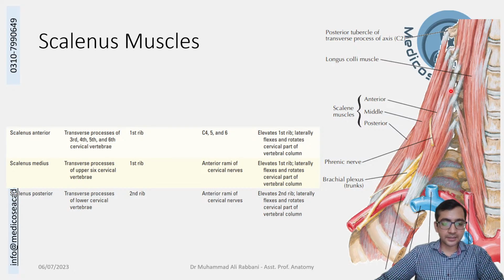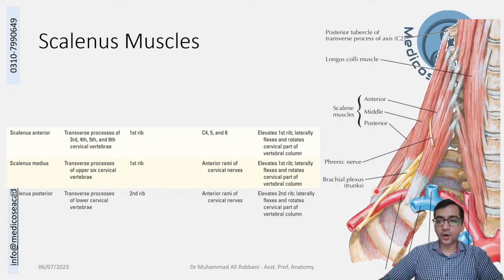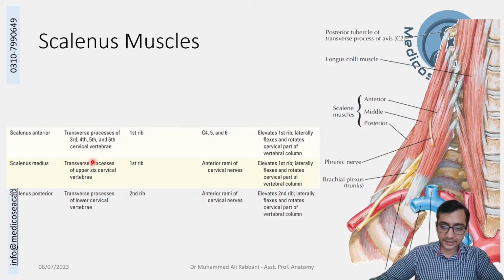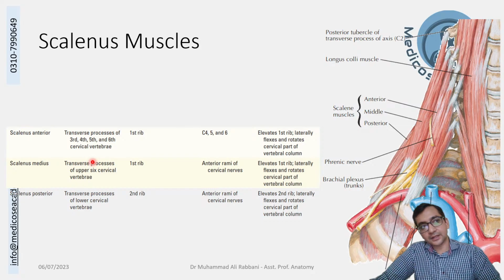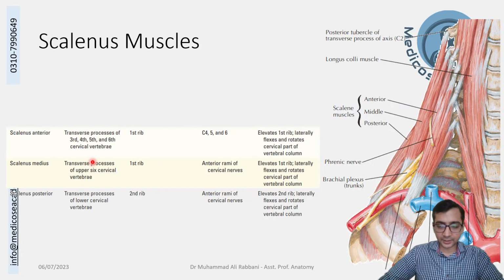That is a little ill-defined muscle, scalenus posterior. It arises from the transverse processes of lower cervical vertebrae and it inserts into the second rib. All three have similar function of elevating the ribs, either first or second, and pulling the cervical vertebrae towards themselves, that is lateral flexion.